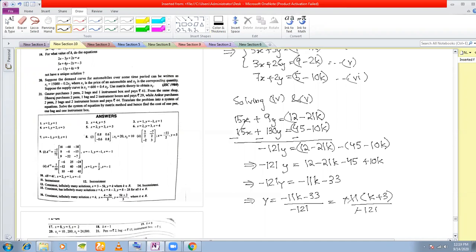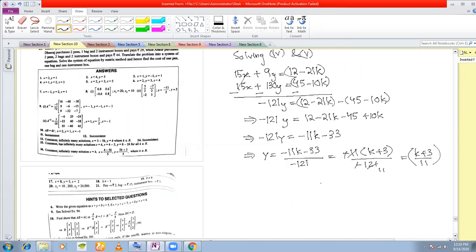This cancels 11 times, so you get y is equal to k plus 3 by 11. Similarly you solve for x.